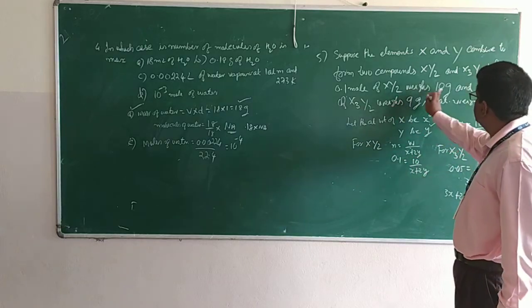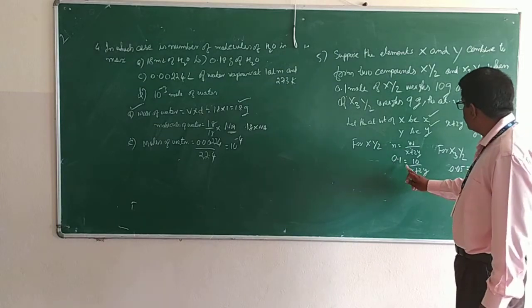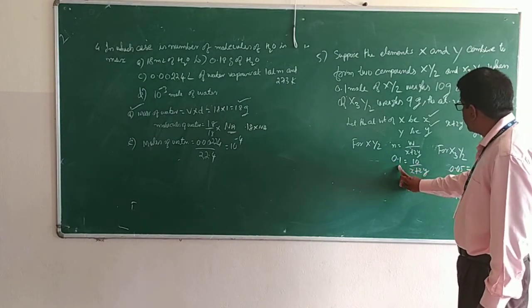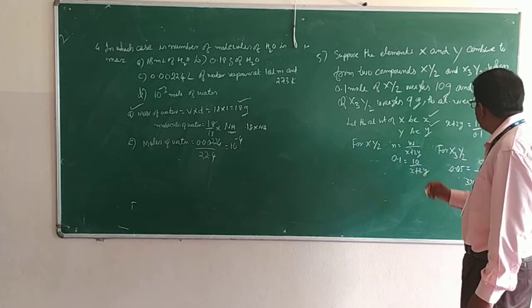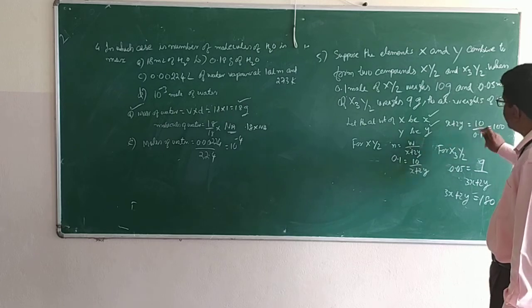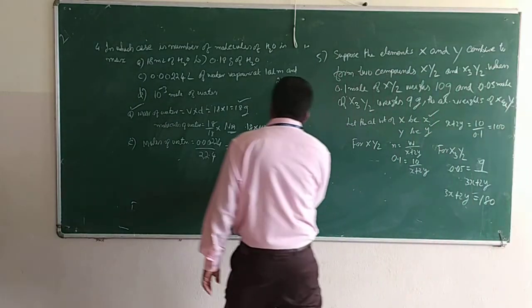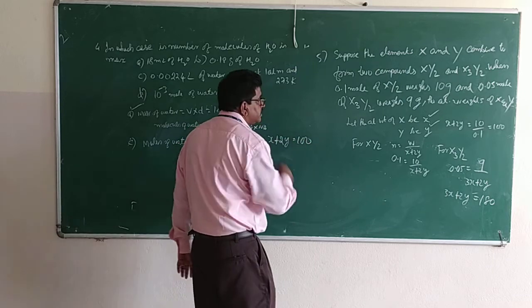W is given as 10 gram and number of moles is also given, 0.1. So 0.1 is equal to 10 by x plus 2y. That means x plus 2y is equal to 10 by 0.1, that is equal to 100. So we got x plus 2y is equal to 100.